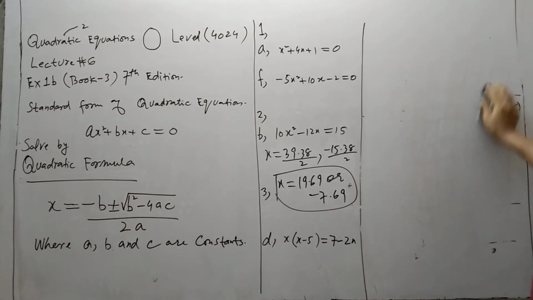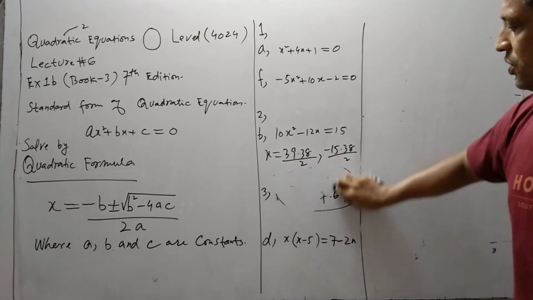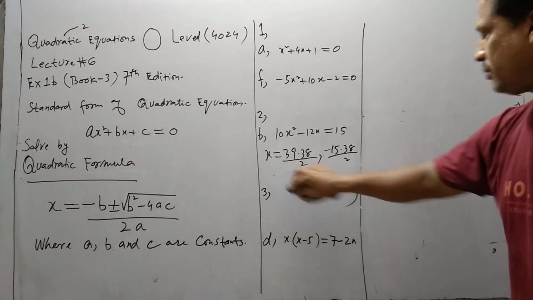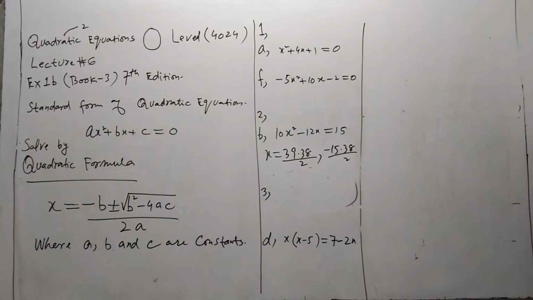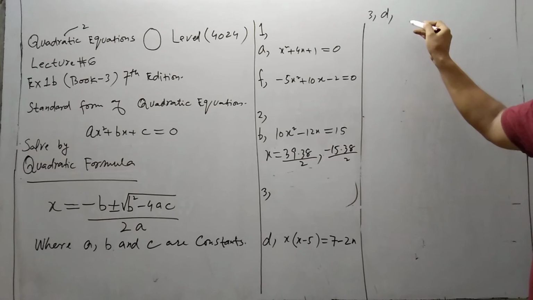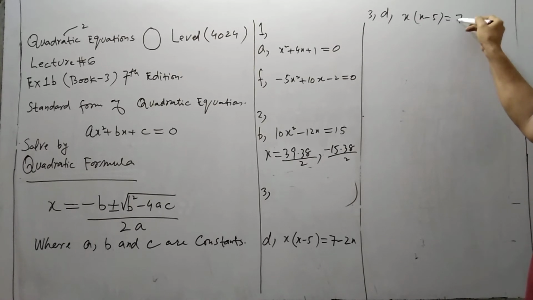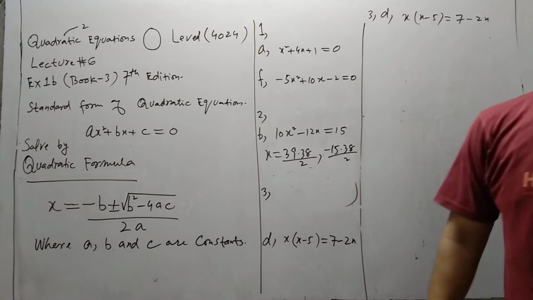Our next question is question number 3, part D. So 3D is x minus 5 is equal to 7 minus 2x.